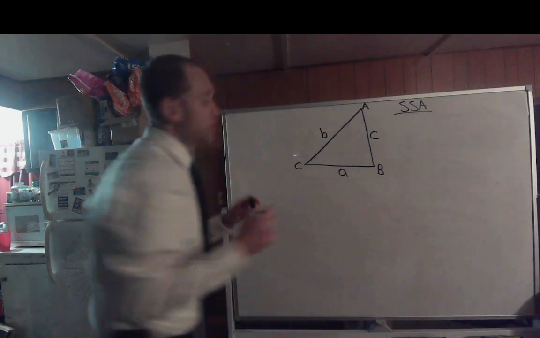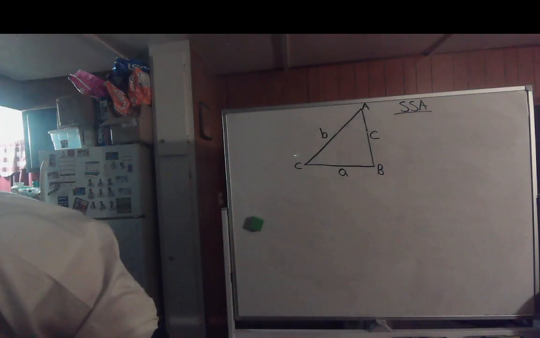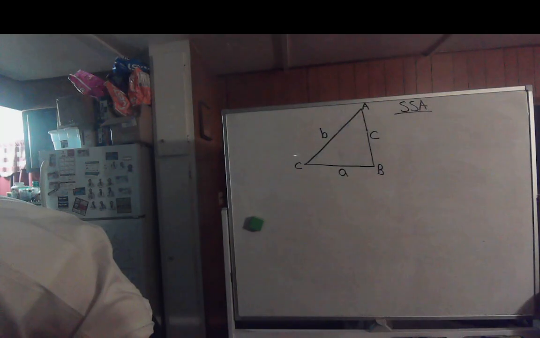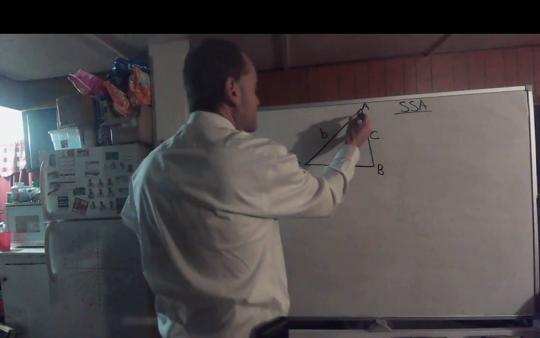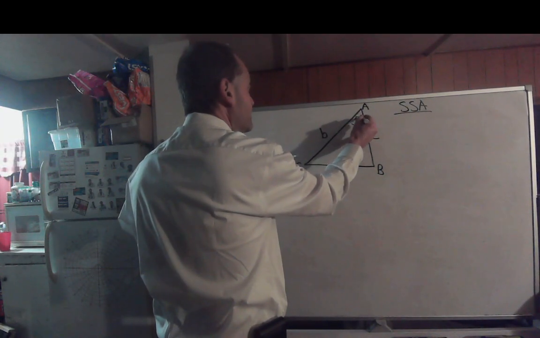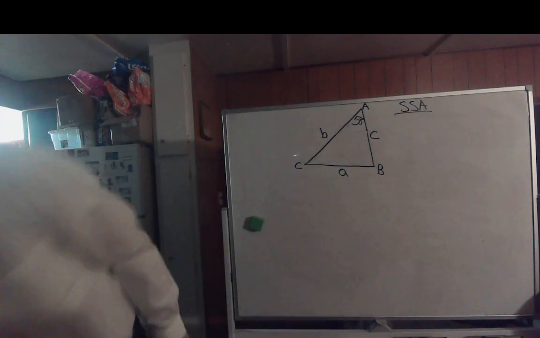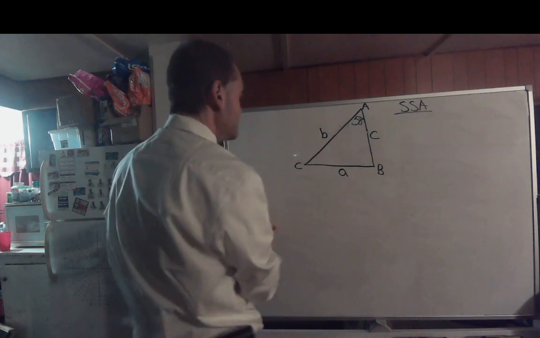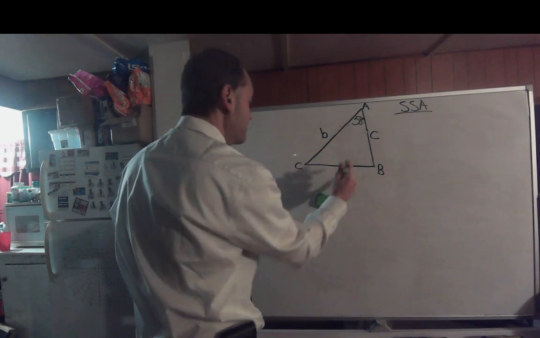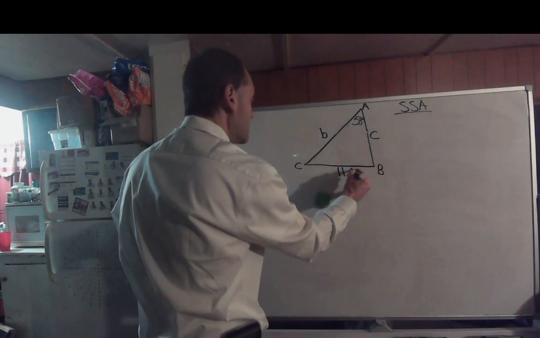Alright, sticking with a side-side angle. Now, what if we had somewhat similar? Angle A is 58 degrees. They even give you that, let's see, side A is 11.4 this time.